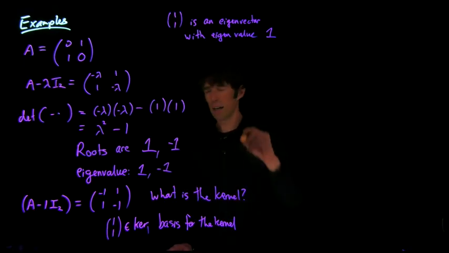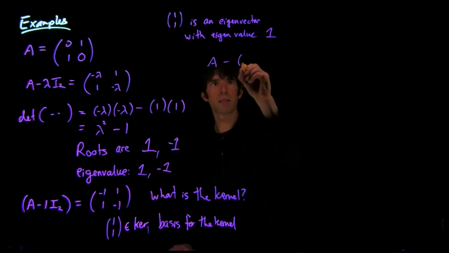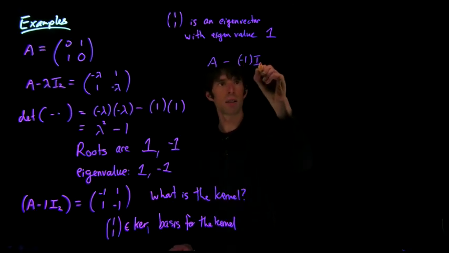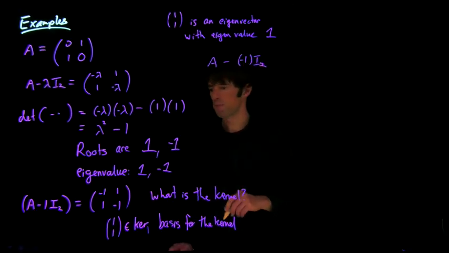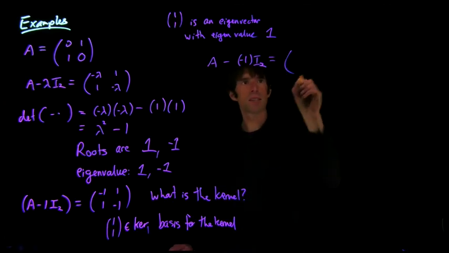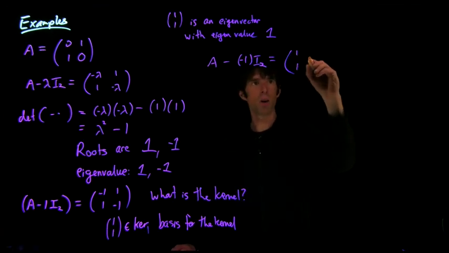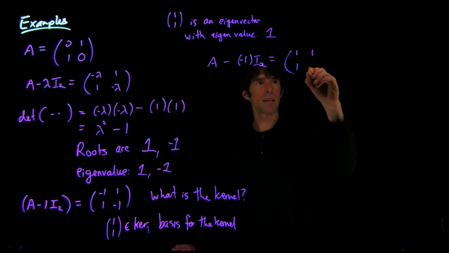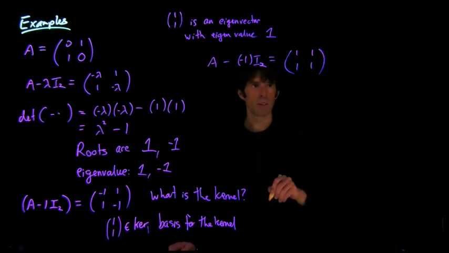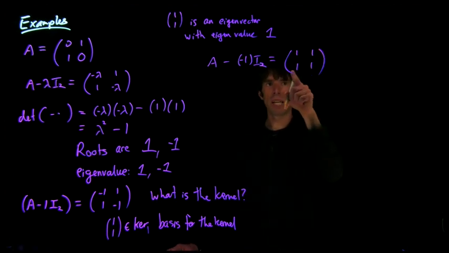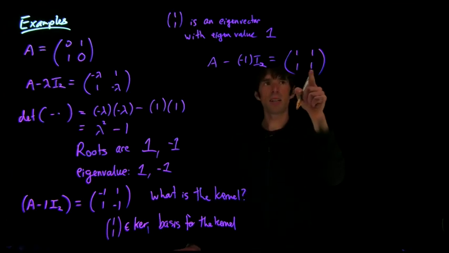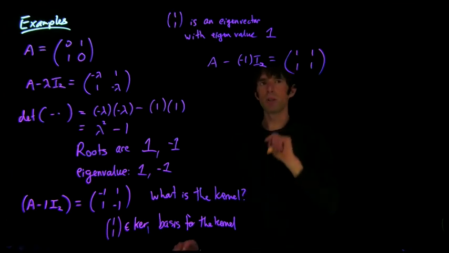OK, so let's try what happens when I use lambda equals minus 1. So let's try A minus minus 1 times the 2 by 2 identity. In this case, minus lambda gives me a plus 1, a 1, and a plus 1. And now the only linear relation that I have is that the second column is equal to the first column.